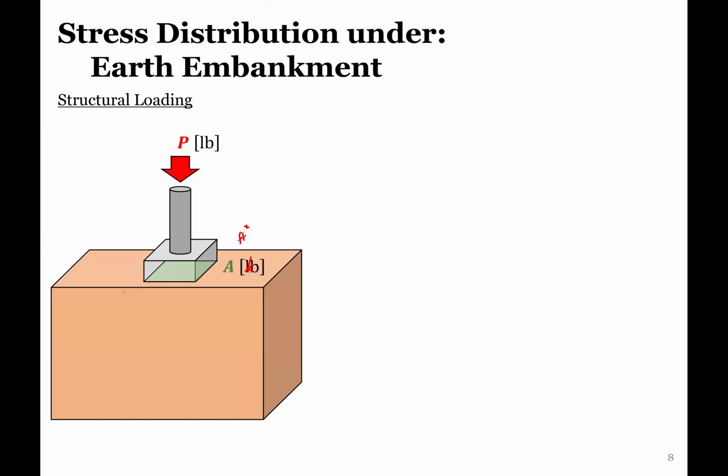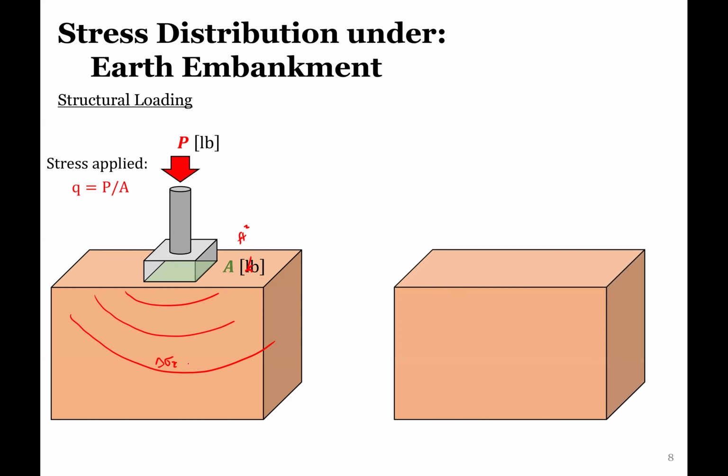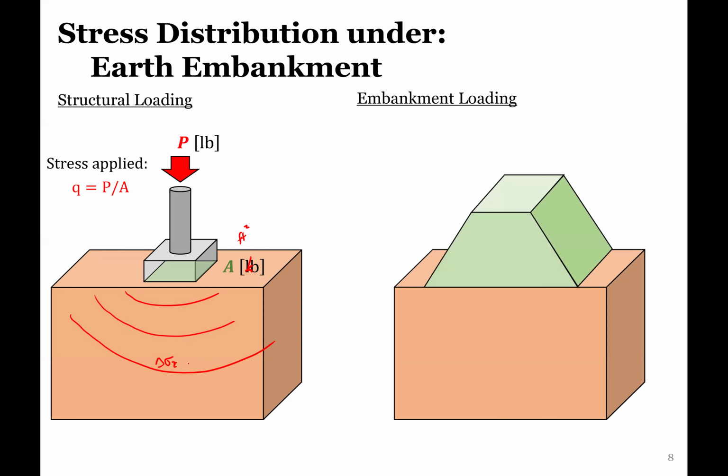Now we know that this is going to cause an increase of stress moving this way, and that's going to be producing this delta sigma z that is changing with depth. So the stress applied at the surface, just to recap, is the force divided by the cross-sectional area. Now, when it comes to an embankment, we have this type of trapezoid, but the stress applied is not from a structural loading, but rather it's from the soil density.